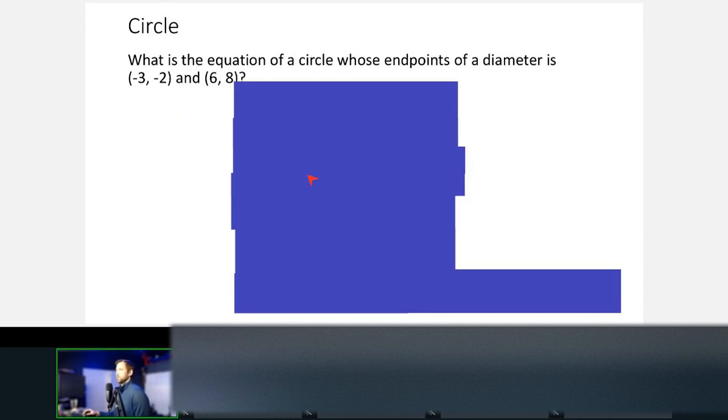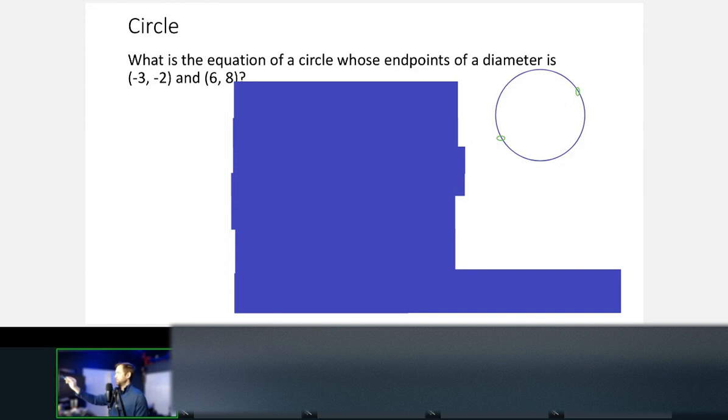All right, what is the equation of a circle whose endpoints of diameter are these two? So again, I think drawing a picture is always fun to do. Then we have two endpoints. So we'll just say we have an endpoint here. We have an endpoint over here.